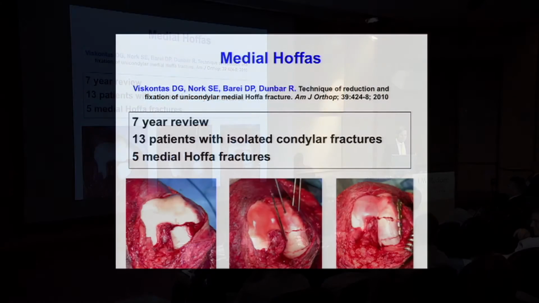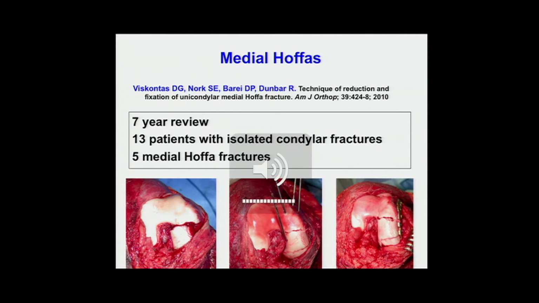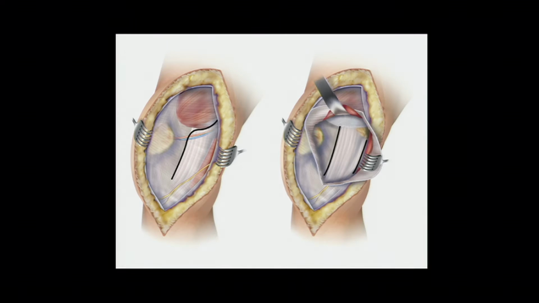We looked at these because we struggled for a number of years on these medial Hoffa fractures. We were struggling to do these in extension and with a direct medial approach. And Darius Viscontis, one of our fellows, had written up just a little review, but really to introduce a better fixation technique, I think, for these, just to allow for improved exposure and fixation for medial-sided injuries.